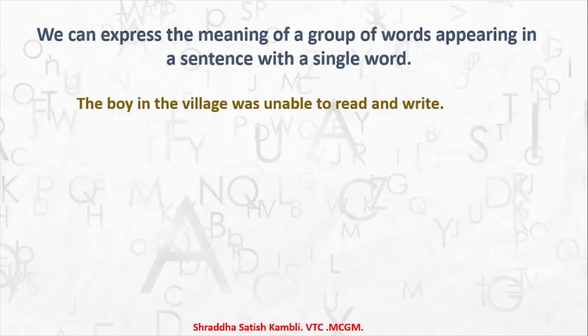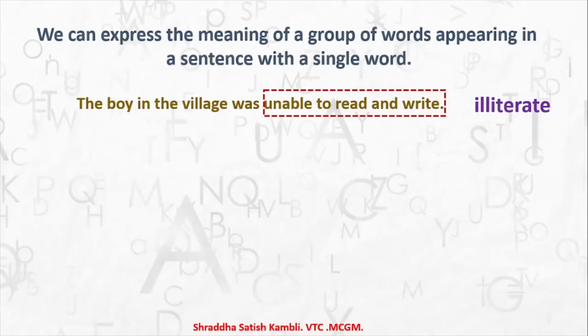So this phrase, unable to read and write, you can replace with one single word. You can say illiterate. Someone who is unable to read and write is called an illiterate person. So then how can you read the sentence now again? You can say the boy in the village was illiterate.